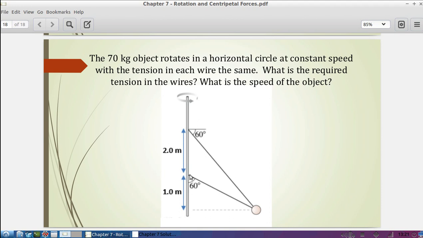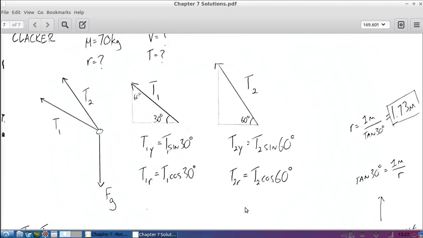So this is a right triangle. This is 90 degrees. This is 60 degrees. This angle right here that T1 makes with this dotted line has to be 30 degrees. So T1 is pulling on the object at an angle of 30 degrees above the negative x-axis.